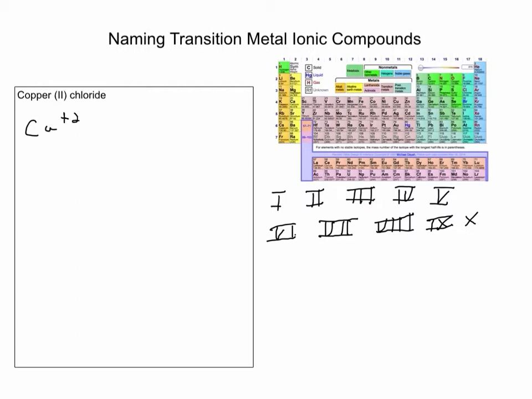And for the chloride ion, we look on the periodic table, we see it's in group 17, so it has a -1 charge. We can then do the lowest common multiple check that we do, and we'll see that the lowest common multiple of -1 and 2 is 2, so our compound ends up being CuCl2.